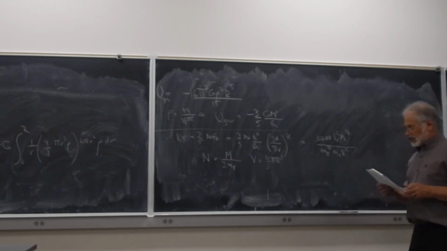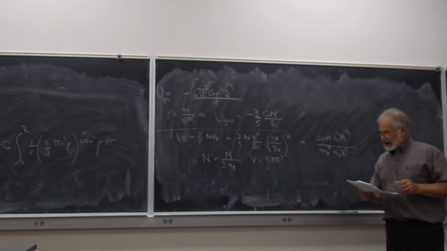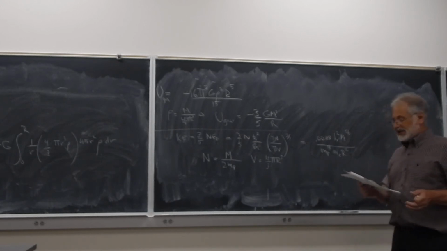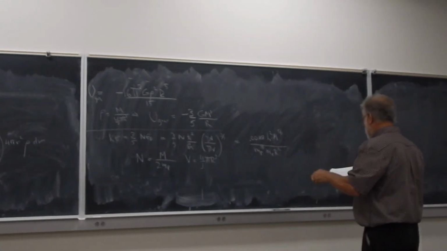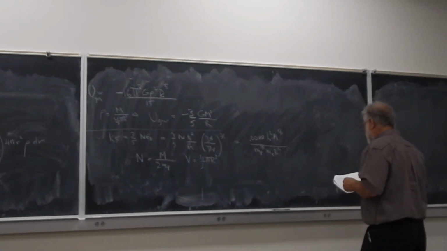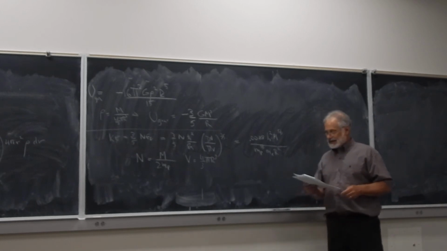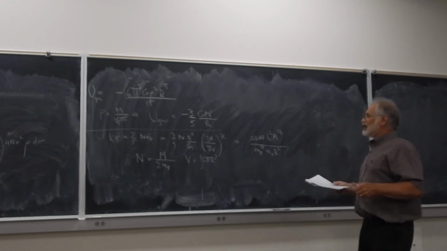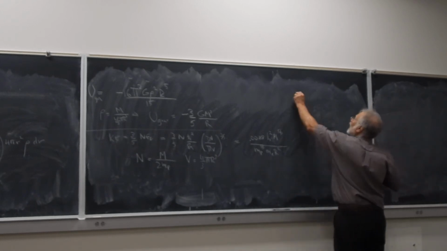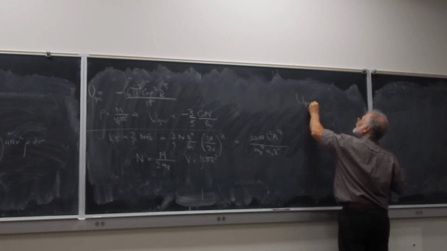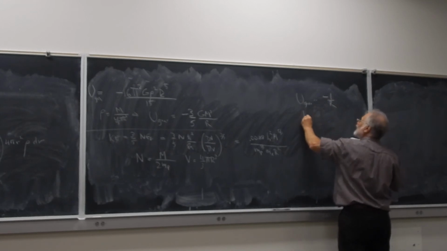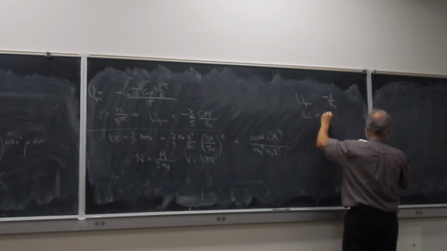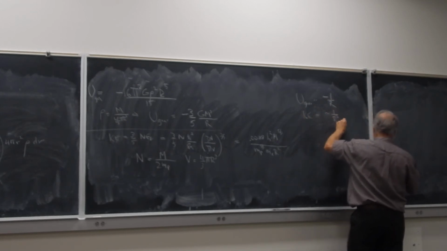Equilibrium radius for the dwarf would be that radius that minimizes the total energy. That is to say, if I sum the gravitational energy and the kinetic energy, can we find an equation for the radius in terms of the mass? Well, this takes some hand waving. I know that the gravitational potential goes as minus 1 over R. I know the kinetic energy, looking at that, goes as 1 over R squared.